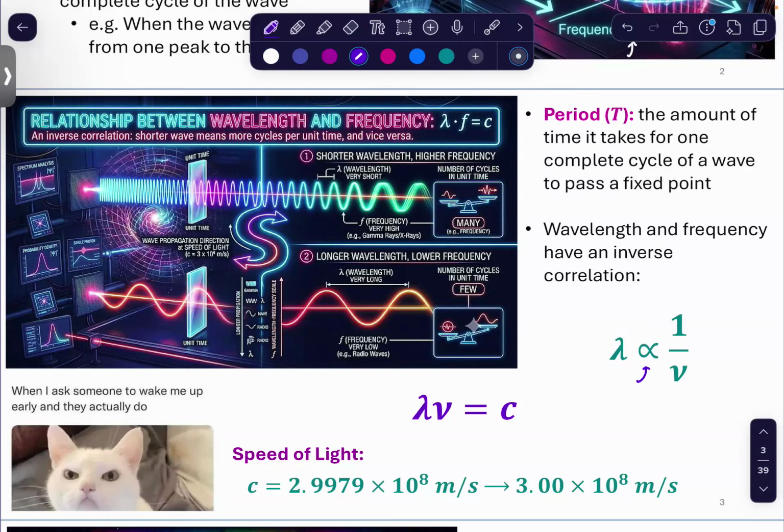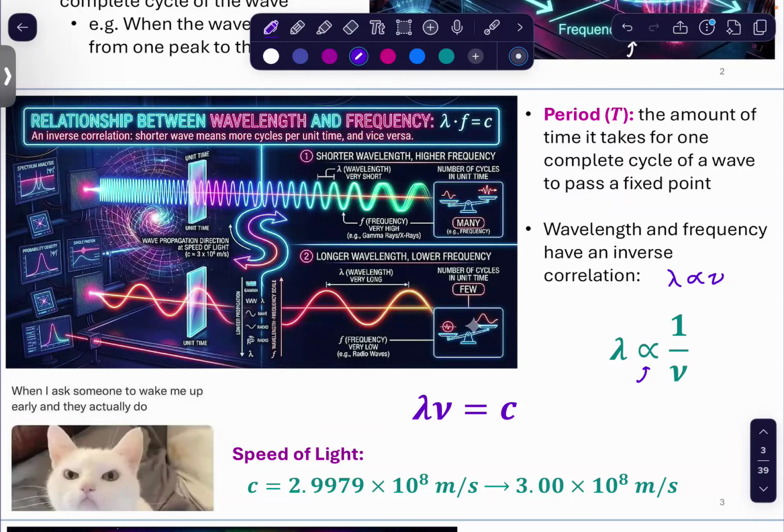If wavelength was directly proportional to frequency, we'd have that. But we have proportional to 1 over frequency. The way you say that is wavelength is inversely proportional to frequency. And so what they end up finding is that the wavelength multiplied by the frequency equals c. Well, I hope you know that c is going to be your speed of light.